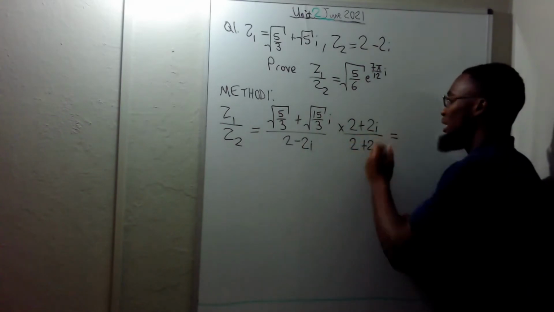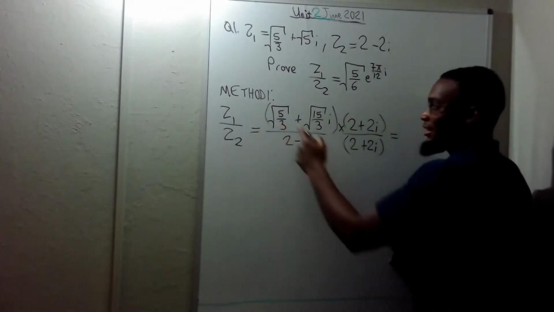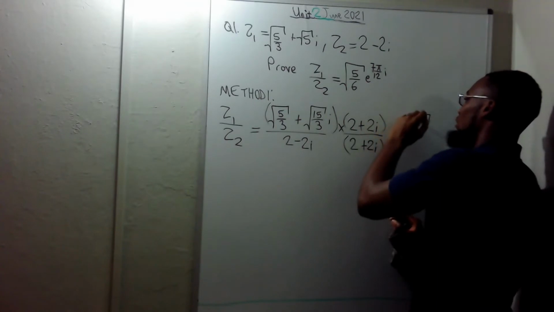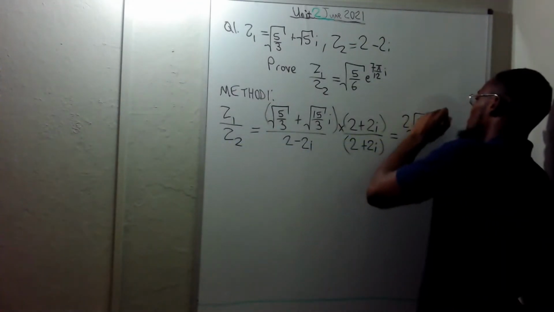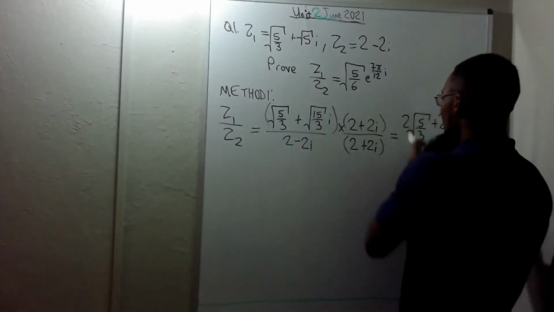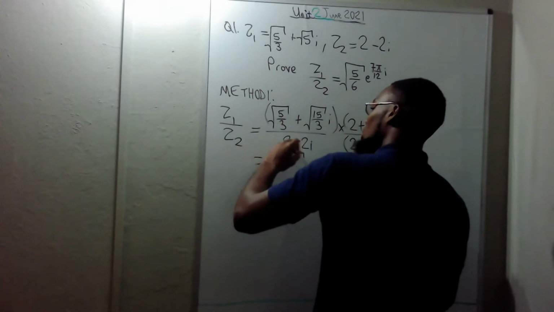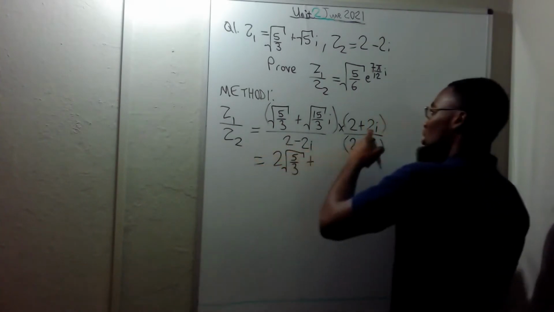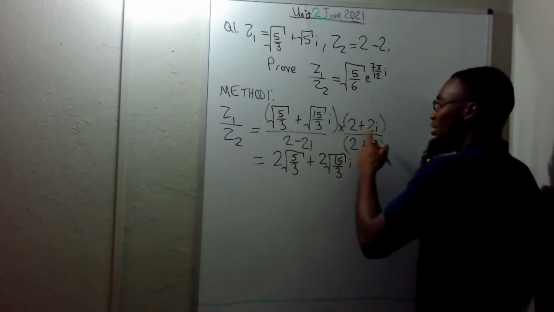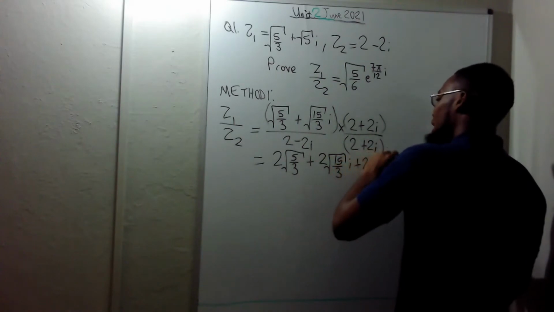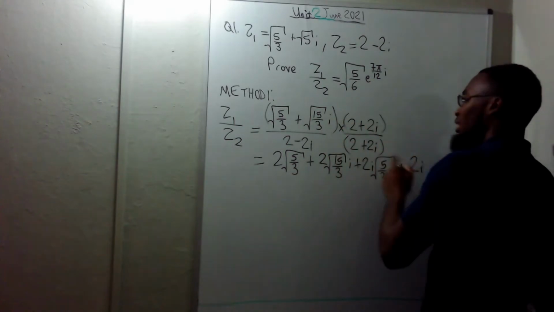When we do that, 2 times each of them gives 2 root 5 over 3 plus 2 root 15 over 3 i. Then 2i times this is plus 2i root 5 over 3, and 2i times this is 2 i times i, which makes i squared, times root 15 over 3.